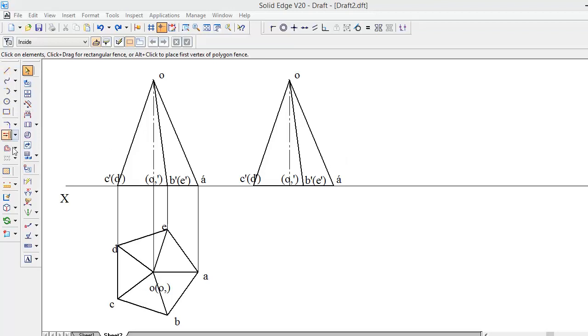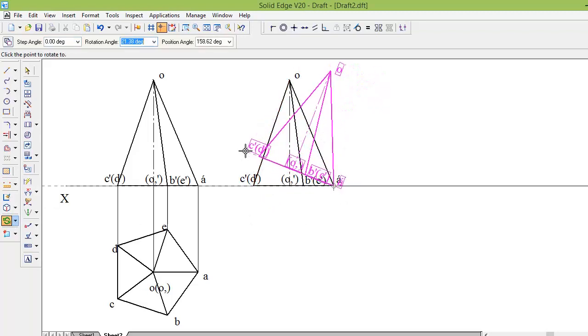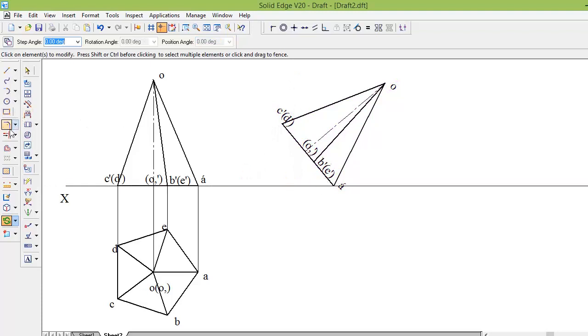So if you want 40-degree inclination, I have selected rotation from this point. This should be 50 degree, right? Rotation angle should be 50 degree. So now measure it. So go to extension next.